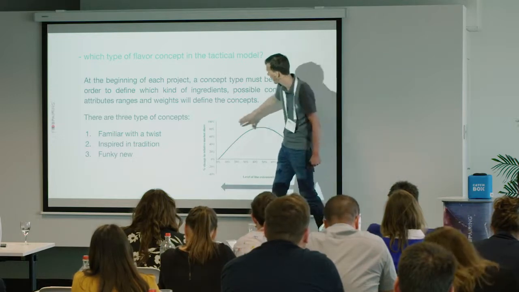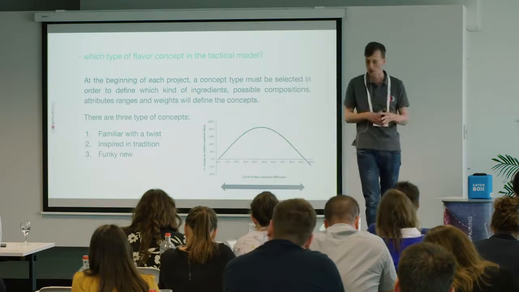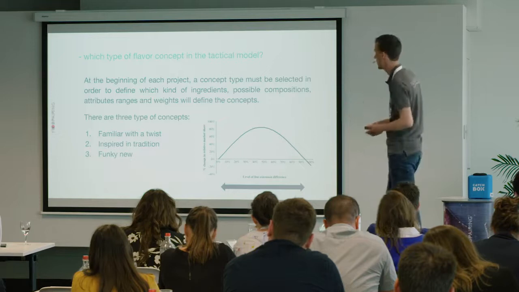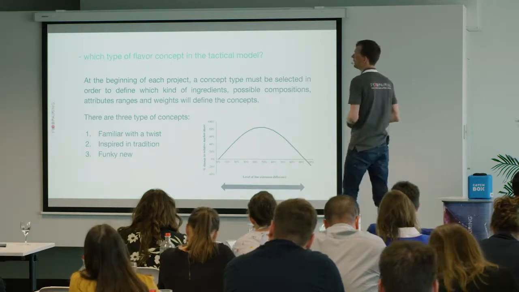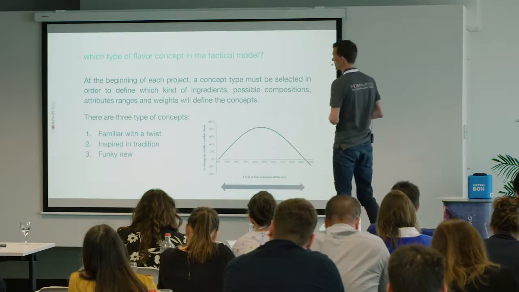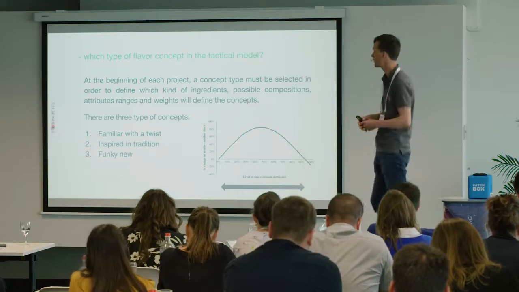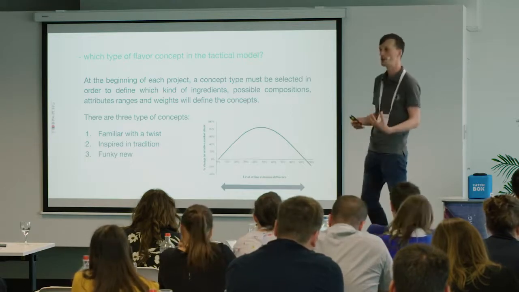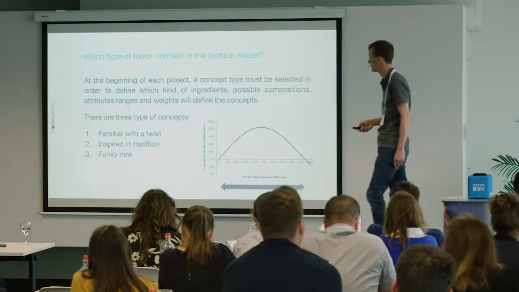Familiar with a twist, and if it's lower, then it's more inspired in tradition. So depending on your current portfolio, we can extract how novel your portfolio is and which type of concept we should work on. Of course, you can also decide that the current novelty is not what you aim for, that you want to go higher, and then we can adapt the concept.